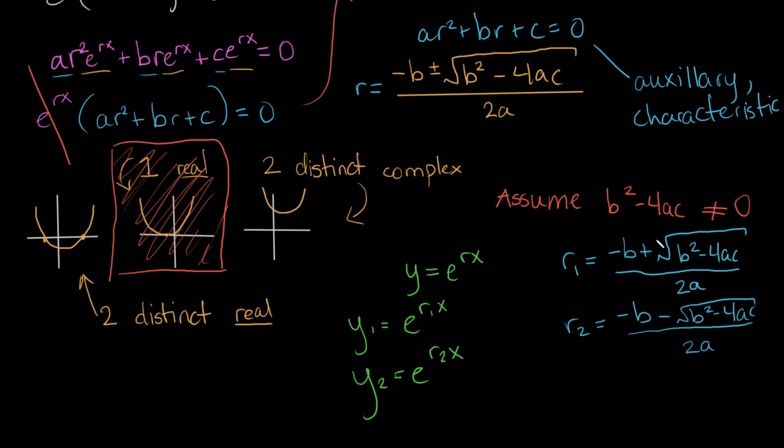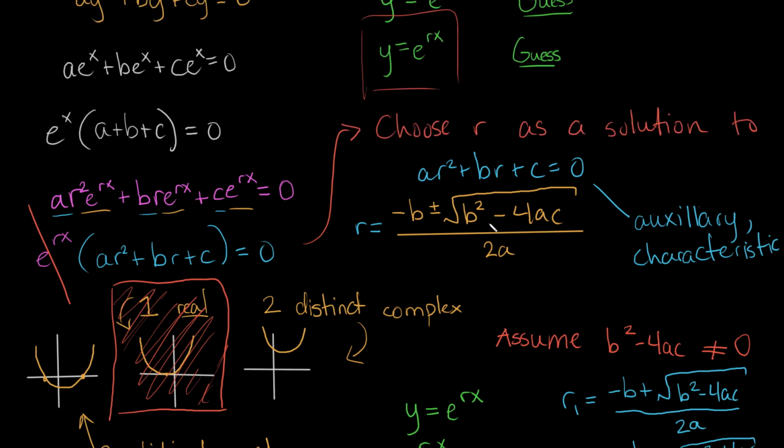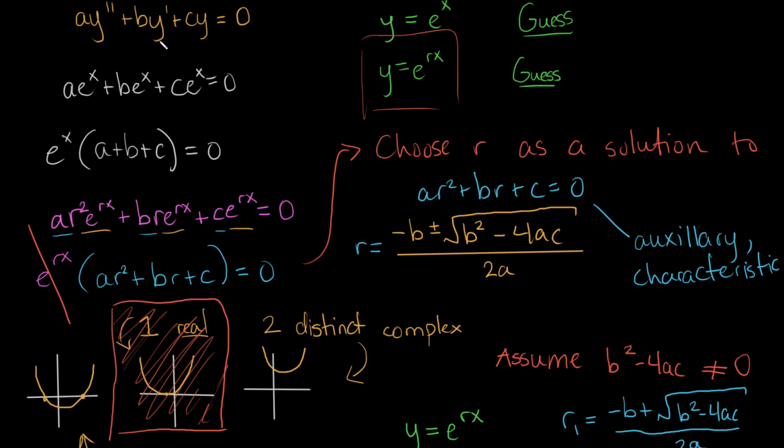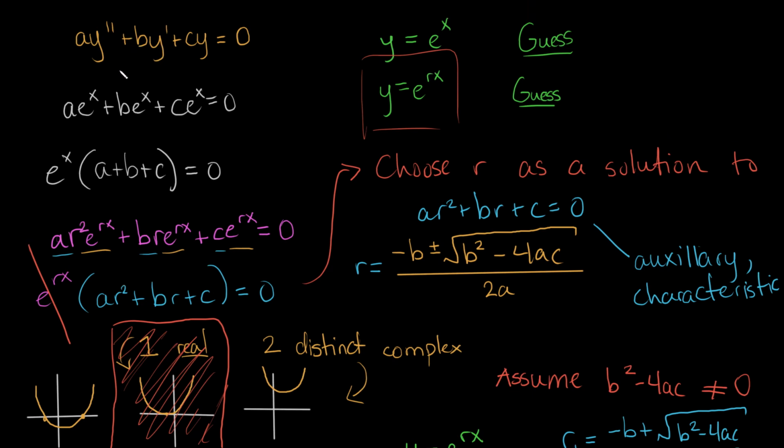In the last video, we looked at how, given a second-order differential equation with constant coefficients, like this one, ay double prime plus by prime plus cy equals 0, we could take a guess solution of e to the rx, because e to the rx has certain nice properties when differentiated.